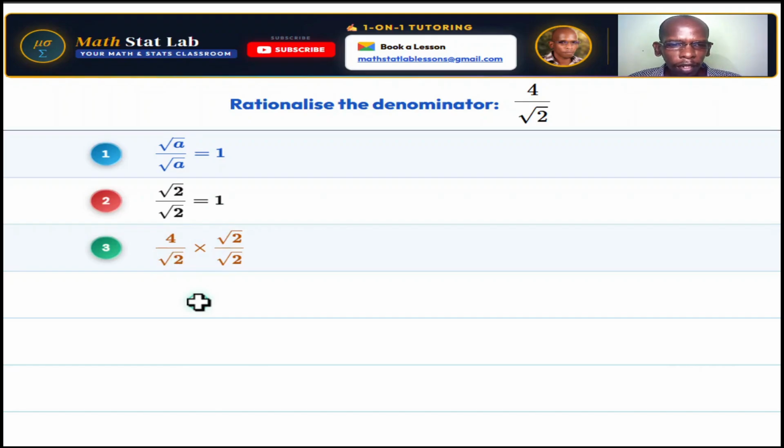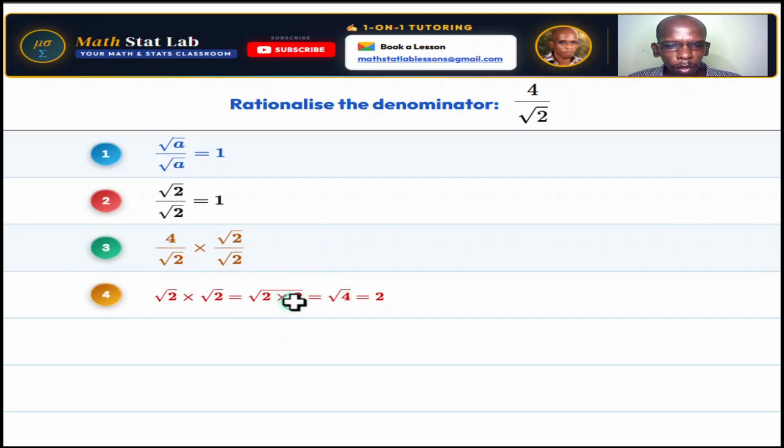Then from there, you see we have the root of 2 here and the root of 2 here as the denominators, and here there is some multiplication. I can take this root of 2 and multiply it with this one first, so that I can sort out the issue of the denominator before I come to the numerators. The root of 2 multiplied by the root of 2 is like taking 2 multiplied by 2, and because both have the root, I just put the root.